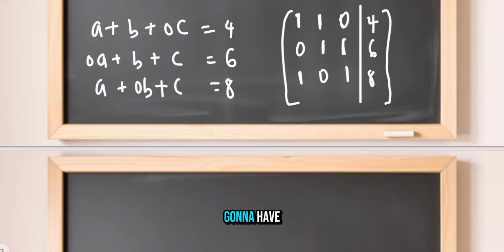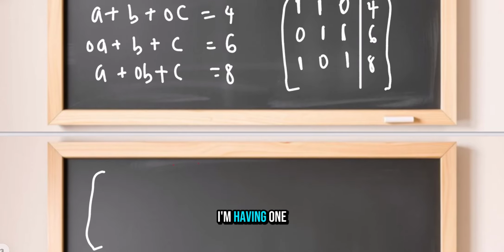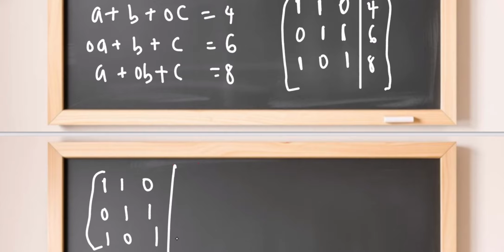Now, here I'm going to have the matrix being reduced. Here I'm having 1, 1, 0, 0, 1, 1, 1, 0, 1, and 4, 6, 8.